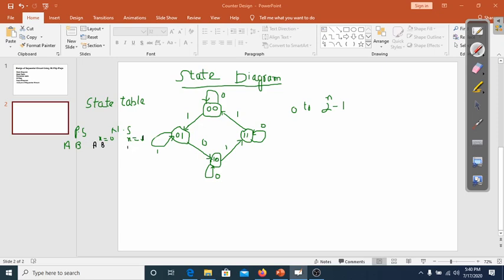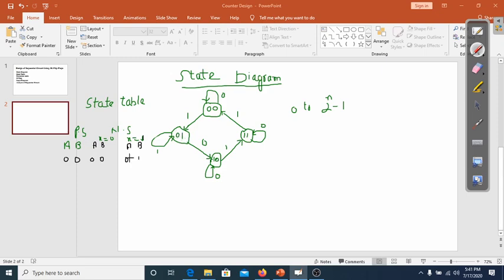For x is equal to 1, I will write the next state. Now first we'll start from here. Here we have the present state 0 0. What would be the next state when the input is 0? The next state would be the same, which is 0 0. When the input x is equal to 1, the next state is 0 1.